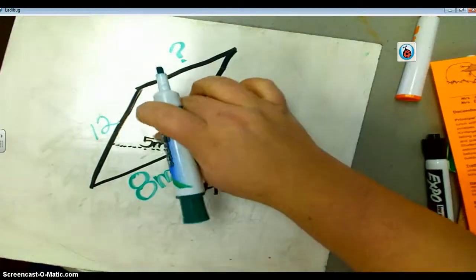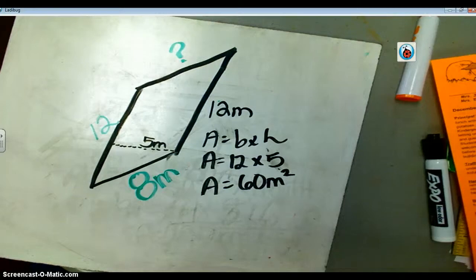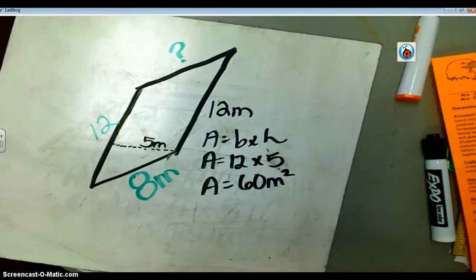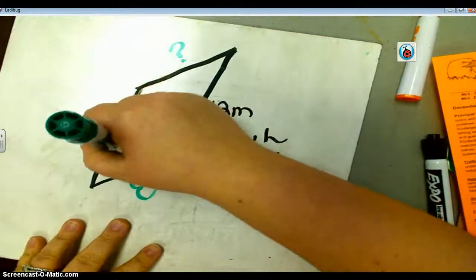Find the perimeter of this parallelogram. You have to remember what you know about perimeter, Jeffrey. Remember, perimeter is adding all sides together. Do I need this if I'm doing perimeter?